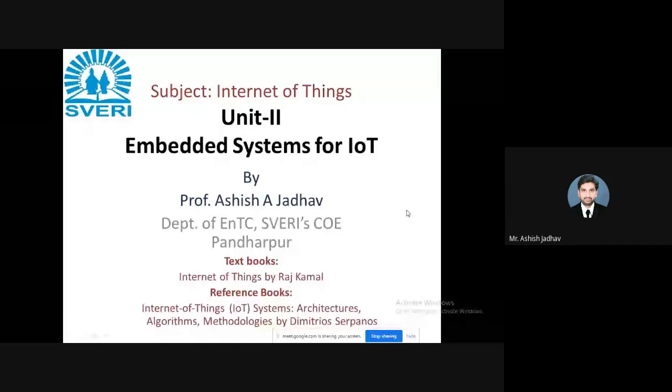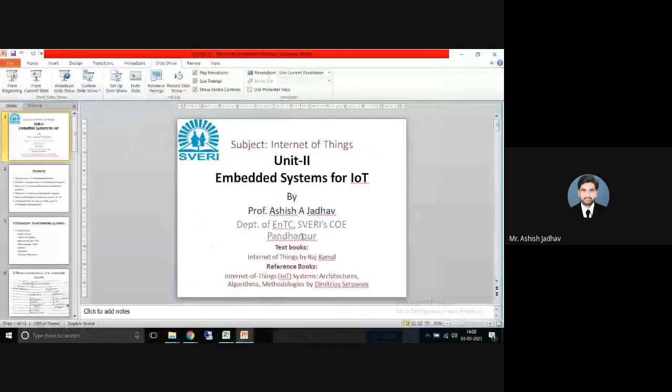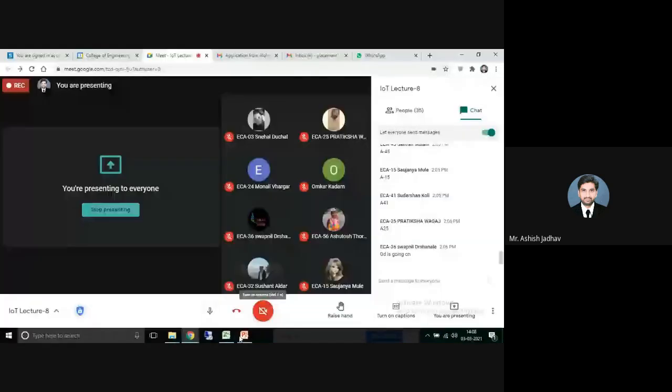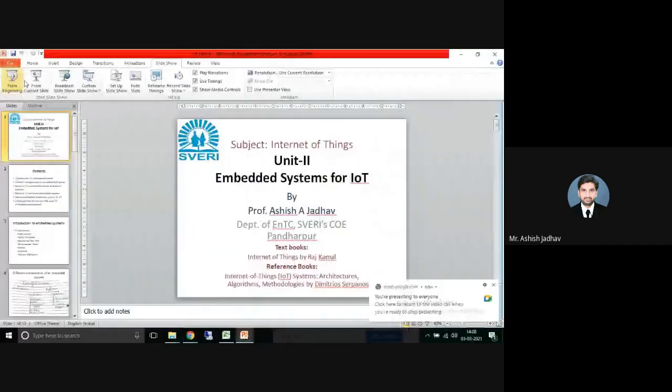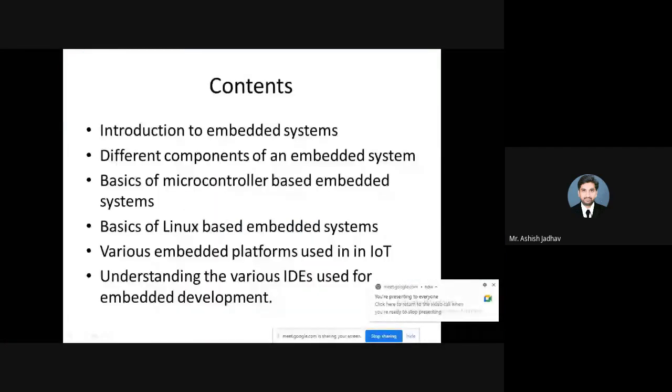And I have given you the name of the book that has to be referred here: Internet of Things by Raj Kamal. The syllabus of this second unit is this one.